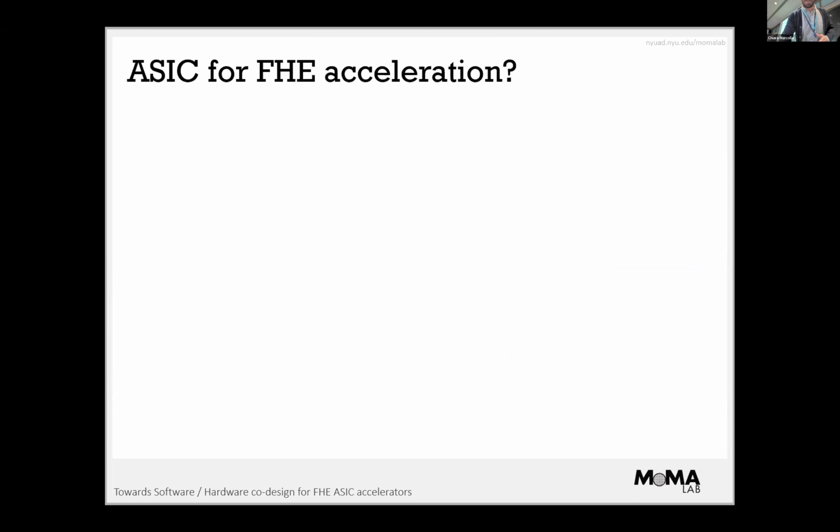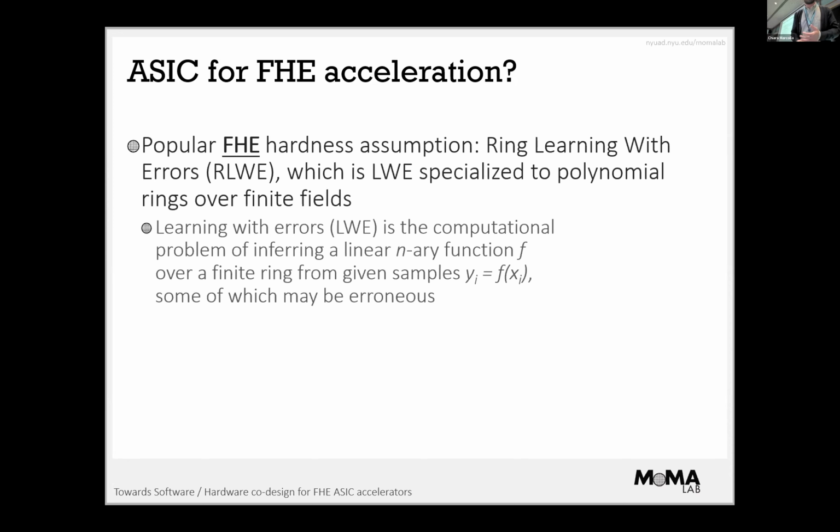For hardware, we need to see what FHE really is in its primitives, right? The most popular FHE schemes rely on a similar hardness assumption, which is based on the problem of ring learning with errors. In this problem, a plaintext becomes a polynomial, right? That's how it works.